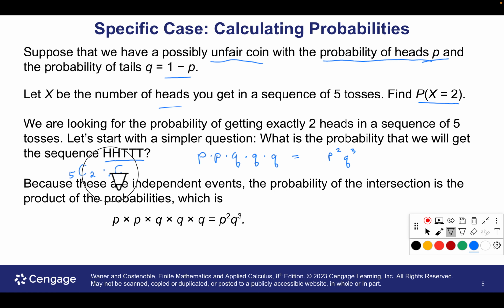We've got 3 left, and we want them all to be tails. This 3 choose 3 is one way to do that. Okay, so you won't see this in the formula, but just think of it as sort of there. That's how many different ways we can flip a coin 5 times and end up with 2 heads. Okay, so that's from that counting.